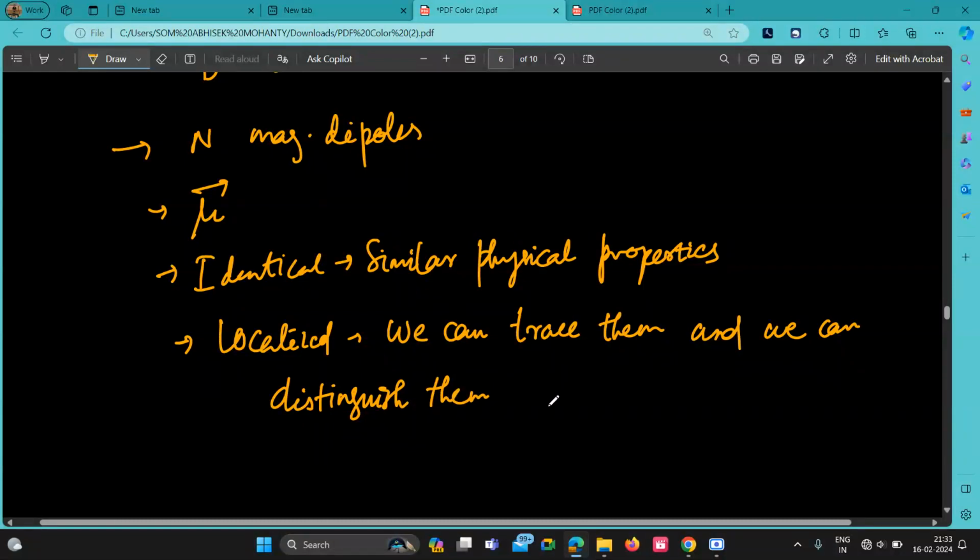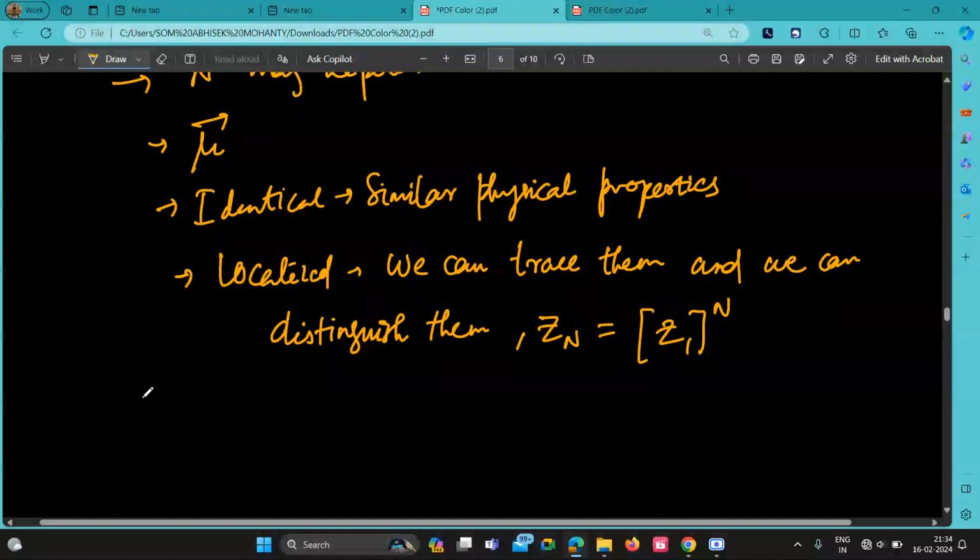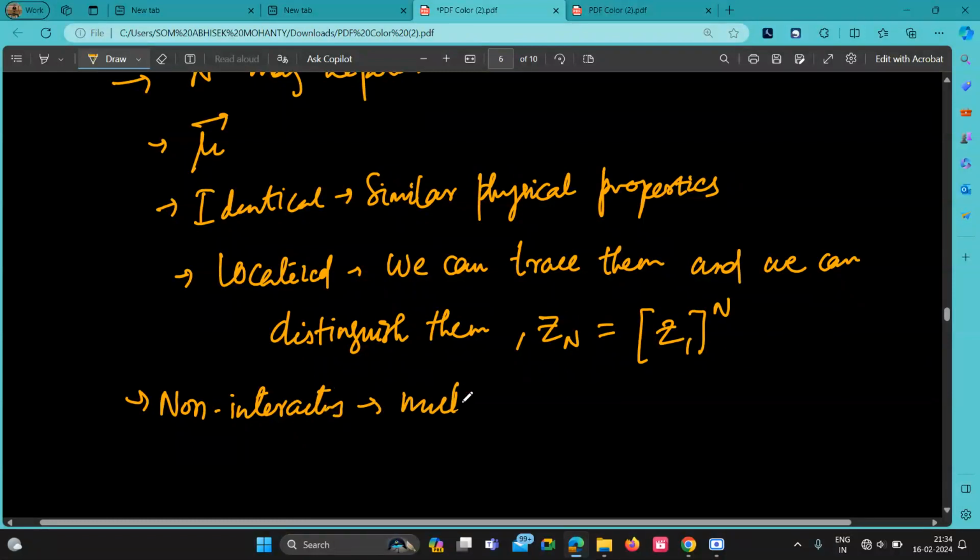So distinguishable means Zn is equal to Z1 to the power n. Now non-interacting means there is no mutual interaction, that means potential energy is zero. I have told you again and again this thing.